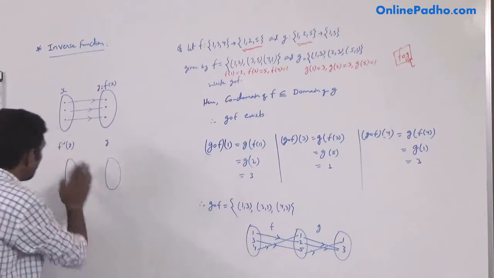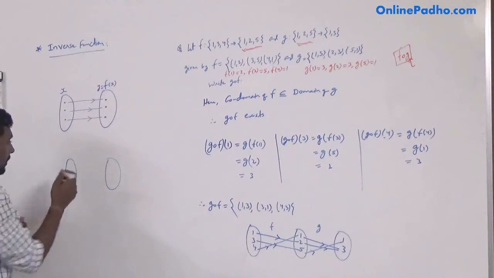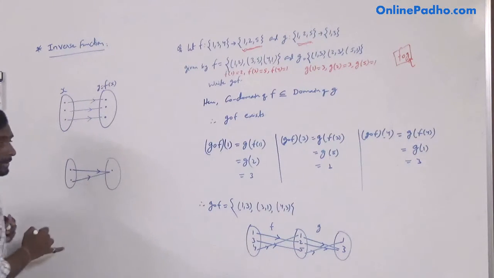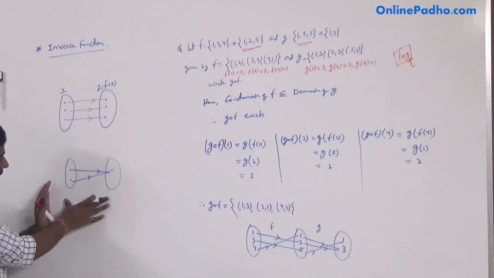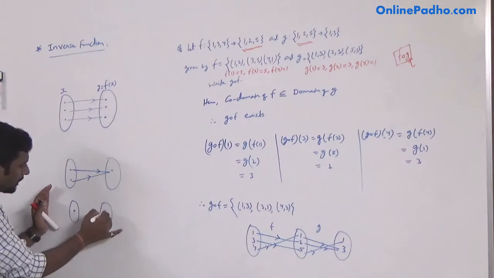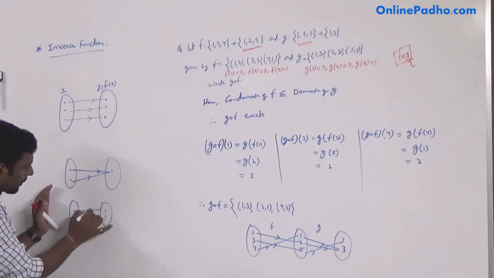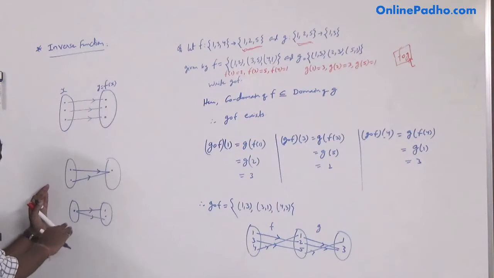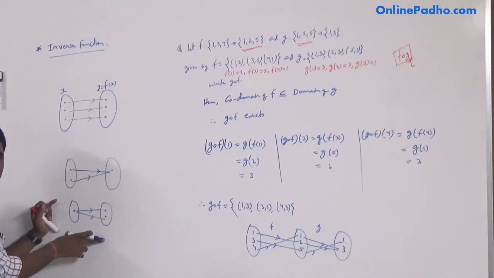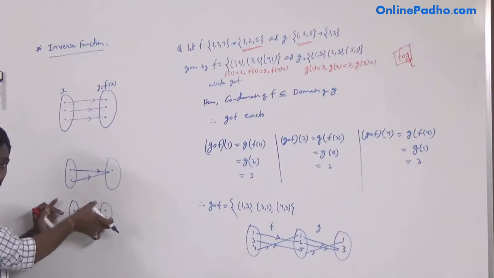Let us see, if we have a many-one function. This is a many-one function. Can we find the inverse of this function? In the case of inverse, these both just reverse their places. Is it a function? For one element there are two images.